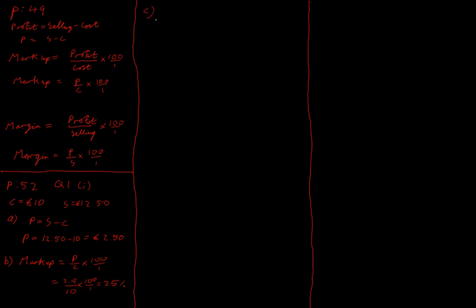And then part C, we're looking at margin, so we write down the formula for margin. In every question we're going to do this so that it gets stuck in our head, and also it's the structure required for your exams. So it's going to be profit divided by selling this time, multiplied by 100 over 1. Our profit we worked out in part A is €2.50. Our selling price we're given is €12.50.